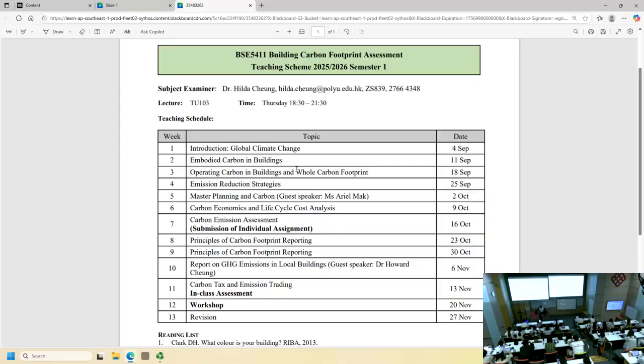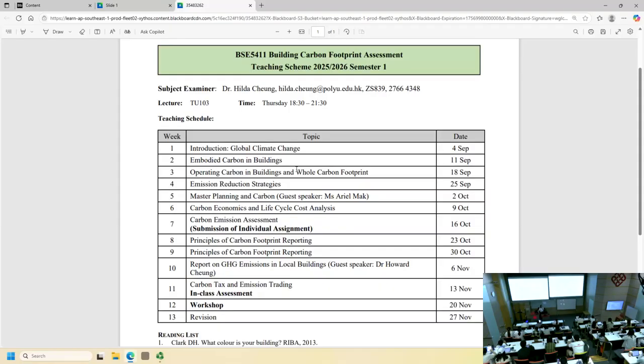Then week 8 and week 9 will explain the principles of carbon footprint reporting. We will talk about different boundaries and scope, and how exactly we can convert data into the carbon footprint value.